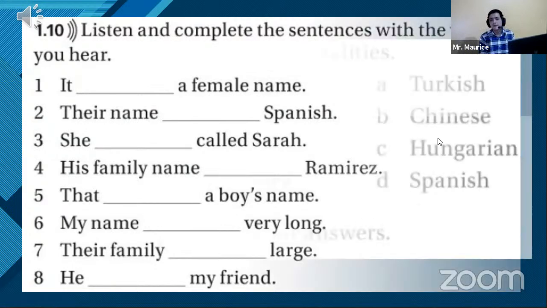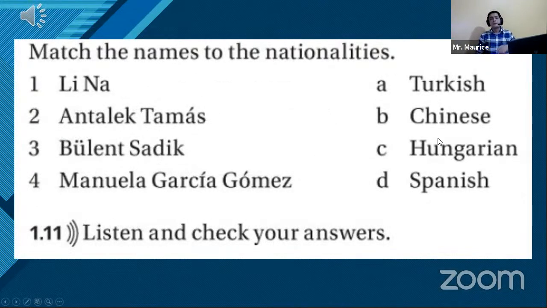Audio 1.10. Okay, here we go. Now let's continue. Another exercise, listening exercise, okay? So once again, as you can see, we have 2 columns. Column number 1 with numbers, and column number 2 with letters.